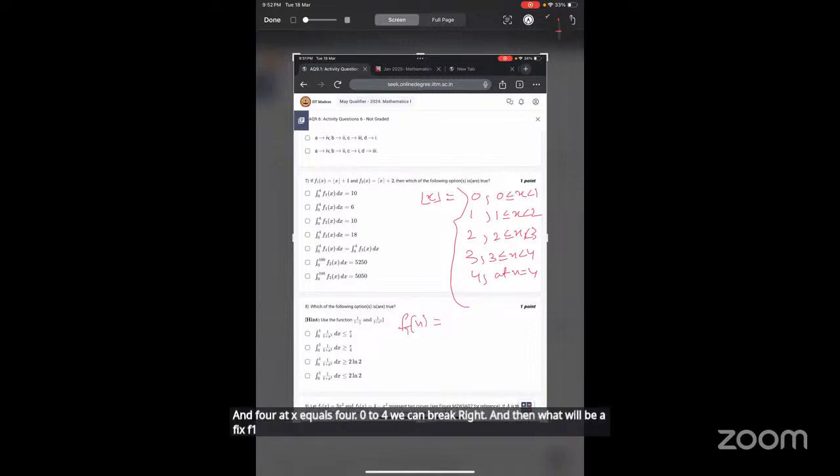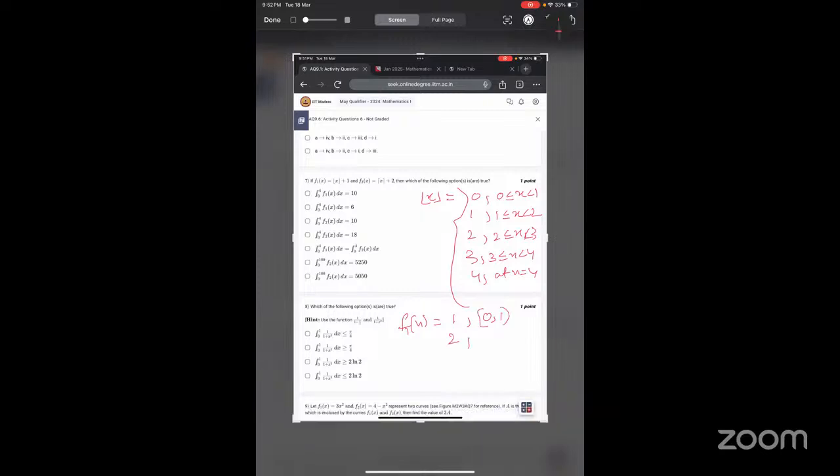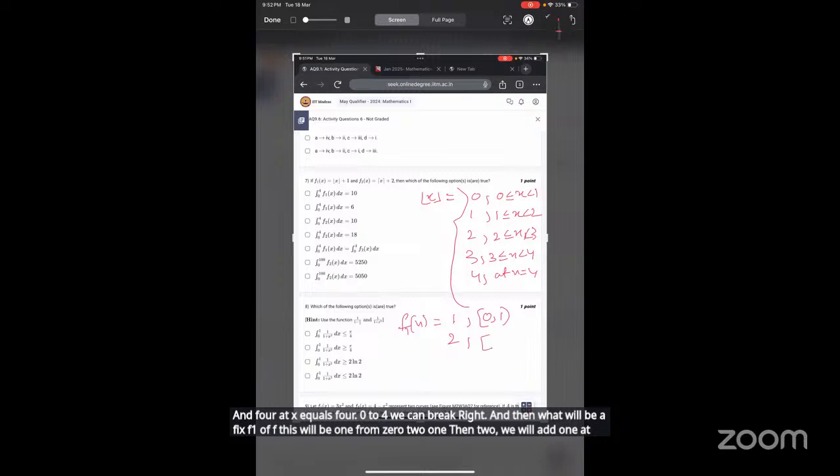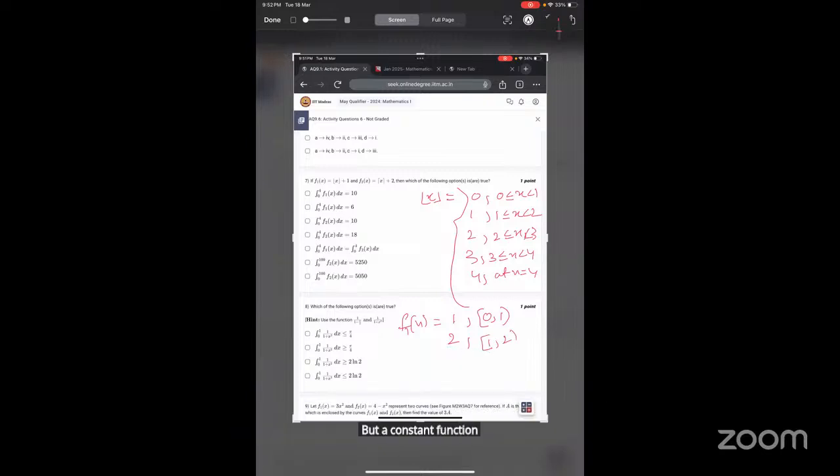This will be 1 from 0 to 1. Then 2, we will add 1 at a time. Madam, if you differentiate x, you will get a constant function. So by integrating a constant function, you will get x. Correct, no, madam? Yes, correct. Everywhere the integration will be x only.